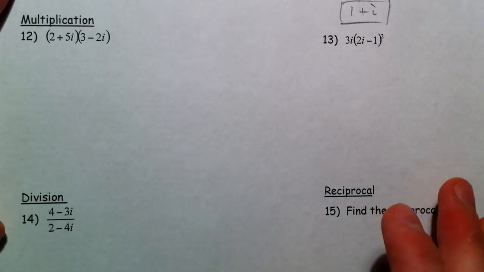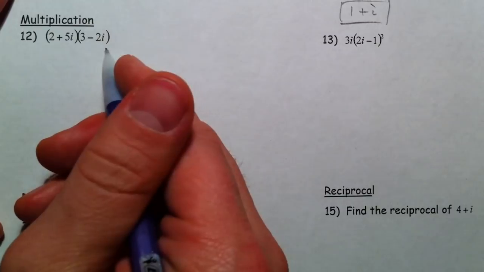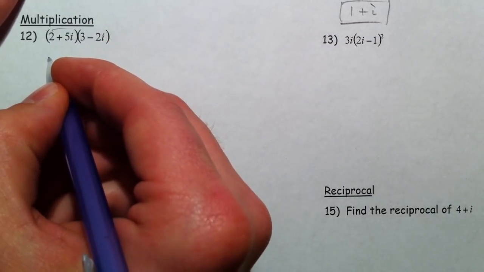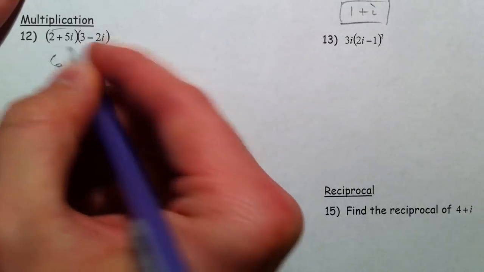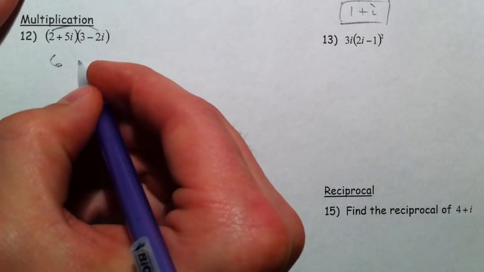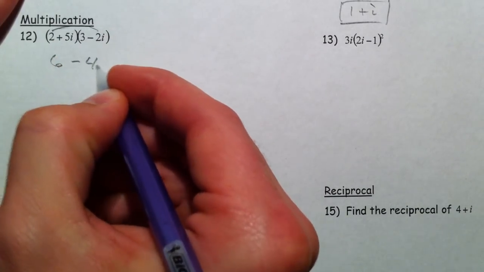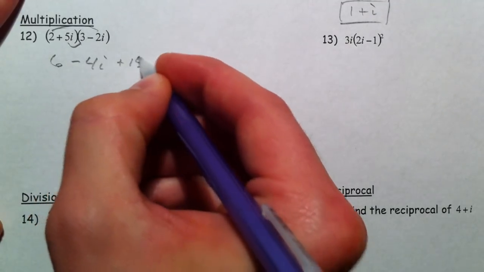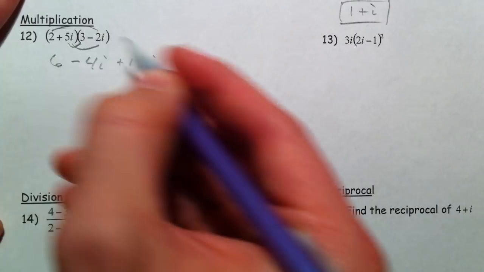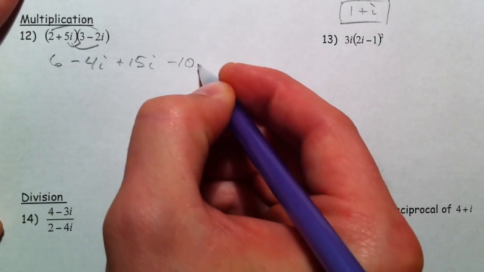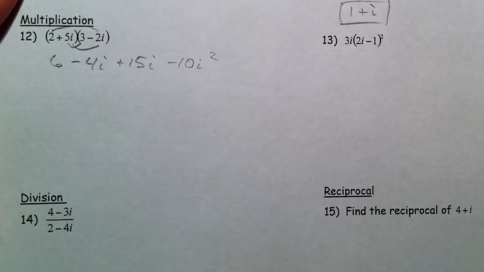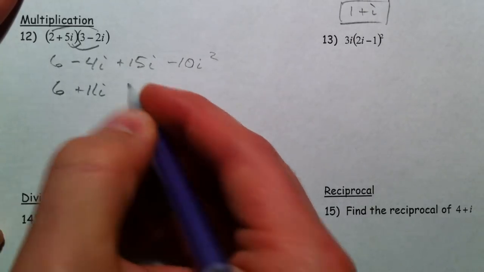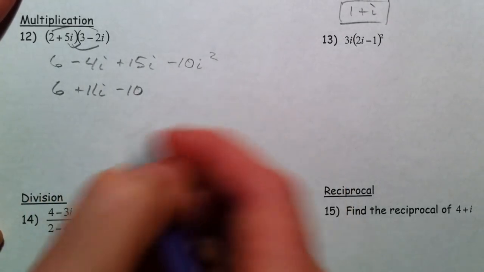Multiplication. Just as simple as it was dealing with x's. So you get 2 times 3. 2 times 3 is 6. 2 times a negative 2i is negative 4i. 5i times 3 is 15i. And 5 times negative 2 is negative 10i squared. Now, we combine like terms, and we get 11i, and we get minus 10i squared.